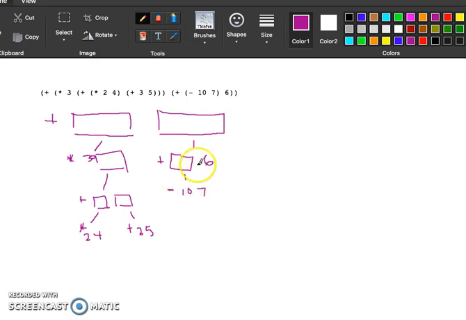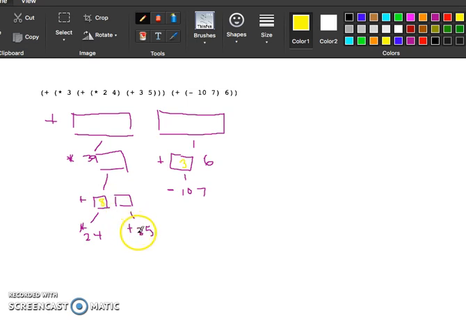Okay, so let's do this now. 10 minus 7 is going to be 3. Then down here, 2 times 4 is going to be 8.